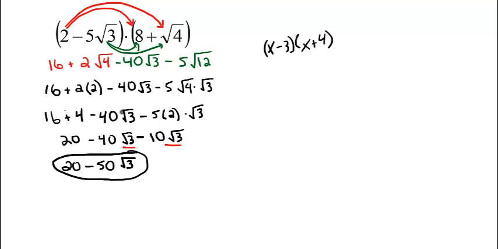We brought that down. Square root of 4 is 2. And then we eventually multiply the 5 and the 2 together to give us this part right here. We bring down these 2 and we combine them, and then these 2 terms right here can be combined, and that gives us 20 minus 50 times the square root of 3.